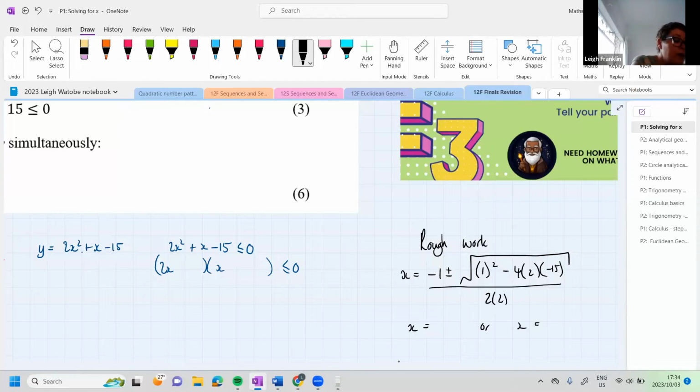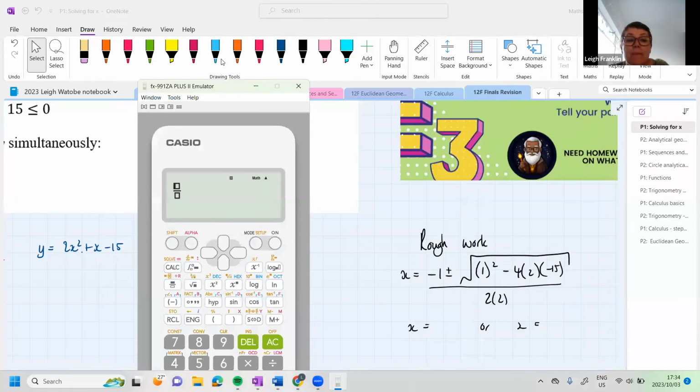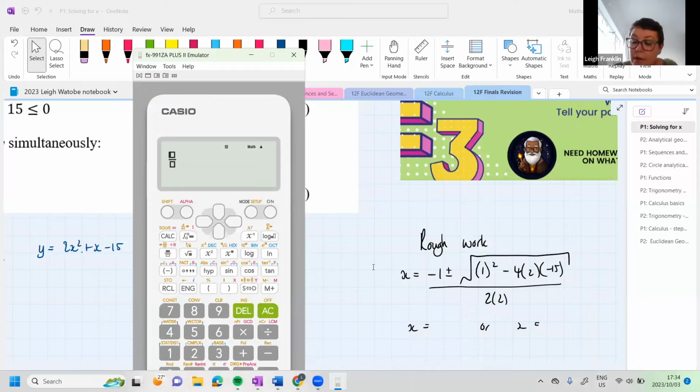So when I do that, I'm going to end up with my x-intercepts, obviously. Let's just put this into the quadratic formula. So you've got -1, and let's go plus first.